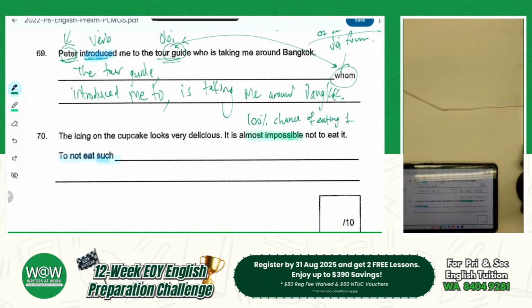Okay, so when they say to not eat such, we'll describe the cupcake first. So it will be delicious cupcake, delicious icing on the cupcake is almost impossible. Okay.